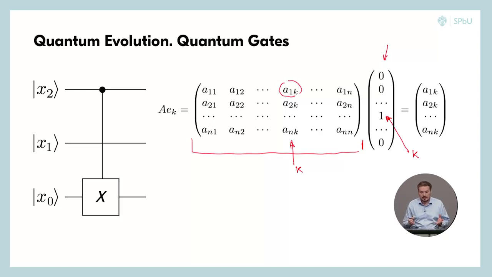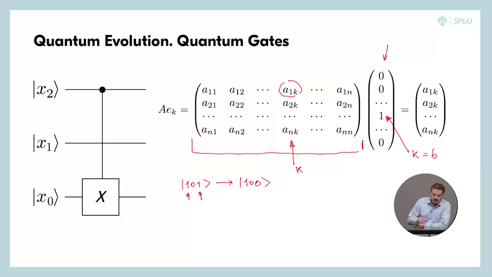And this is our hint for how we can obtain the look of any unknown matrix if we know how it acts on basis vectors. For example, if we take our favorite vector 1, 0, 1, for which K is 6, so it has 1 on place 6, and we know that the action of this operator is this: the control bit here is 1, and it has to flip the last bit, which is controlled.